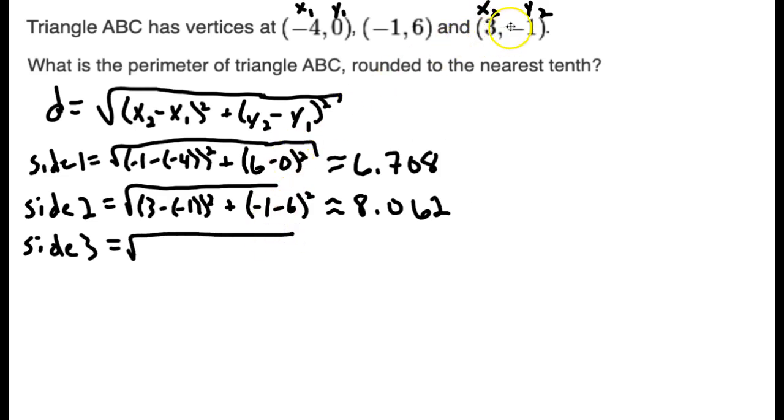So x2 minus x1, 3 minus negative 4 squared plus y2 minus y1, negative 1 minus 0 squared, and plug that in here.